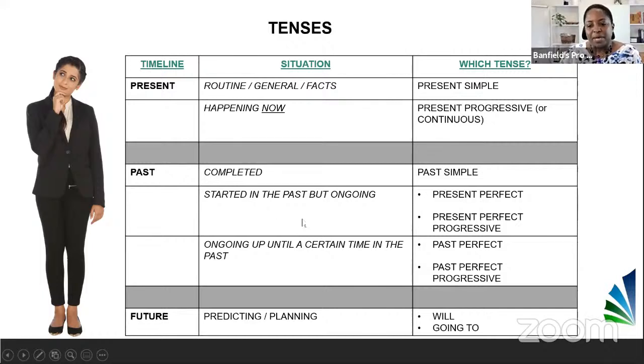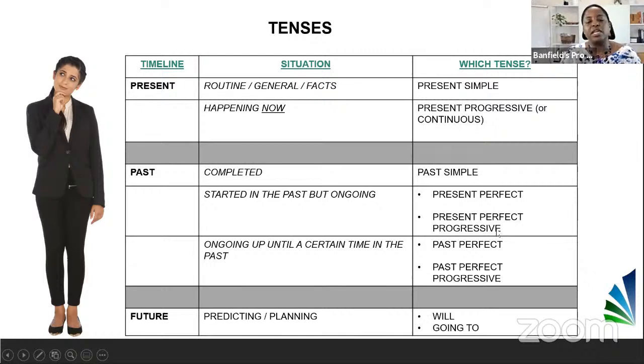The other past tense form we have is when something started in the past, but is still ongoing. And for that, we use the present perfect. We will see examples soon. And present perfect progressive. You may also see present perfect continuous. It's the same thing. It is exactly the same thing. Okay.